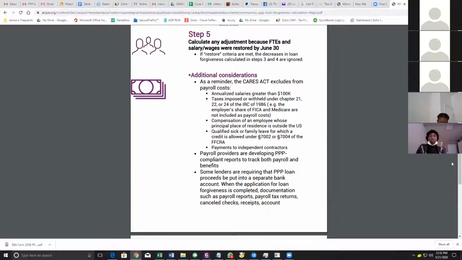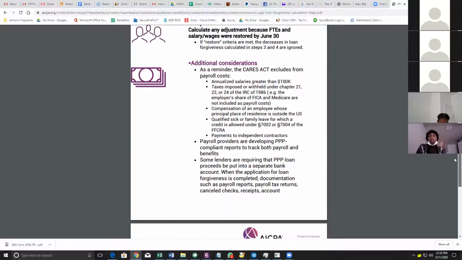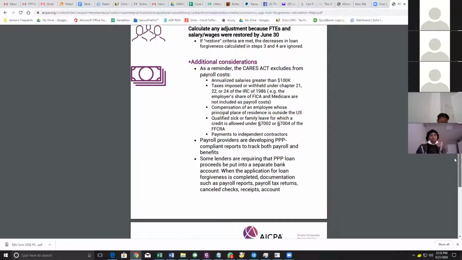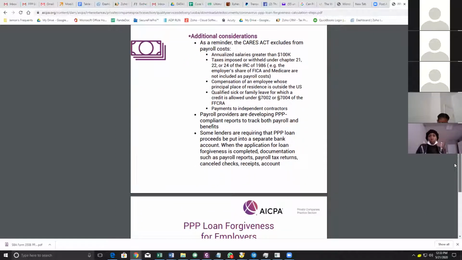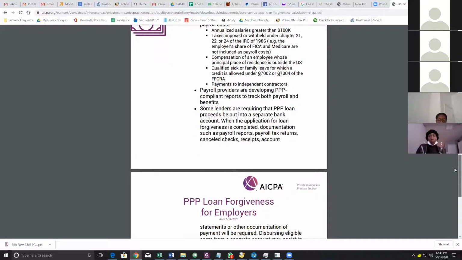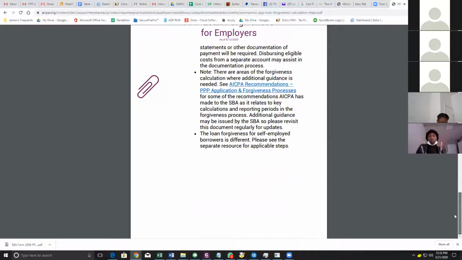If you've offered them to come back to work and they're not coming back, you will not be required to pay back that amount. We've talked about you cannot do more than $100,000. Most payroll providers are developing the compliance reports. Some lenders are requiring that the PPP loan proceeds be put into a separate bank account.